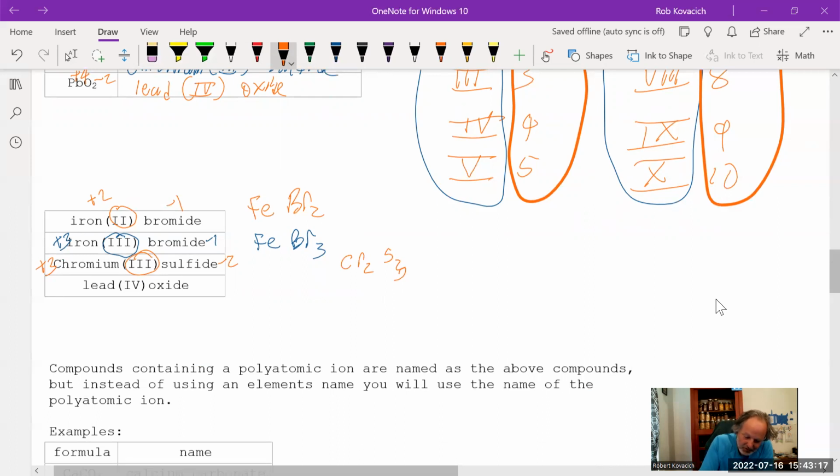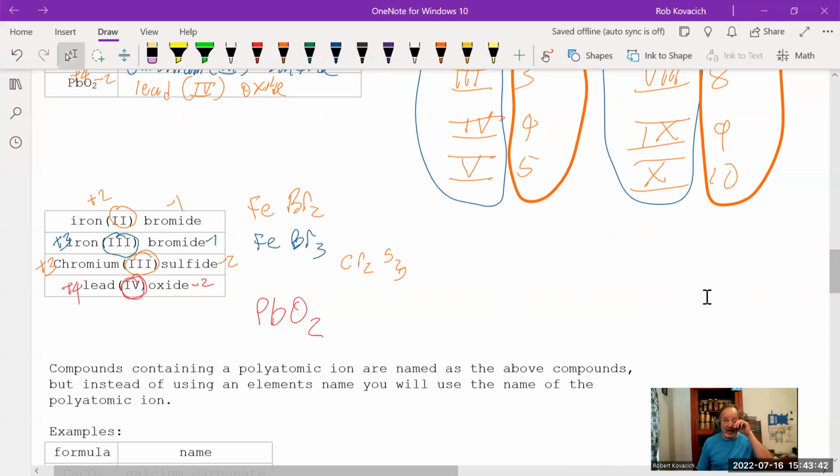And I'm being told that this is a lead with a +4 charge. So I've got my lead, and that guy's got a +4 charge, and I've got these oxygens, each with a -2 charge. So I'm going to need 2 of those. -2, -2 gets me to a +4 charge.